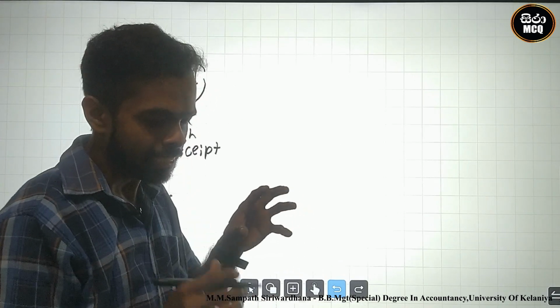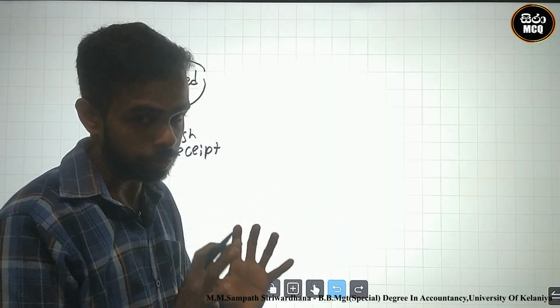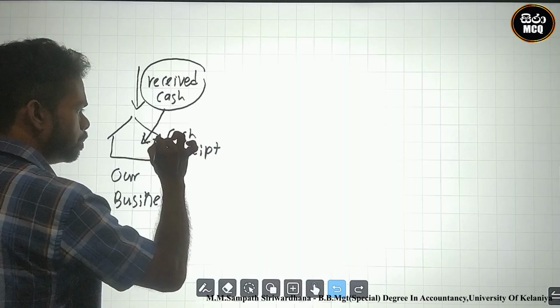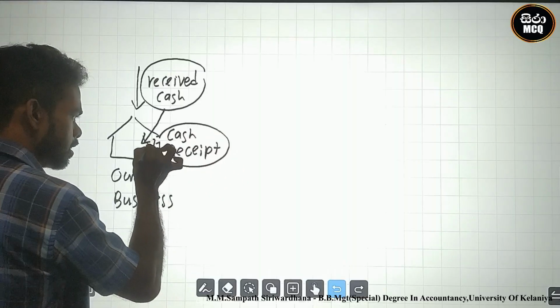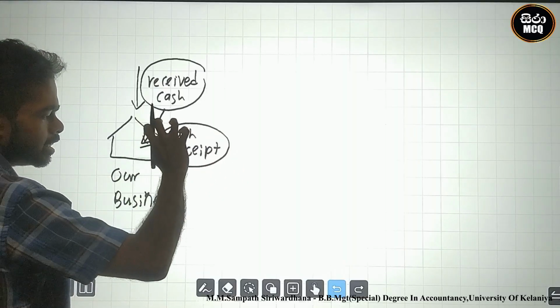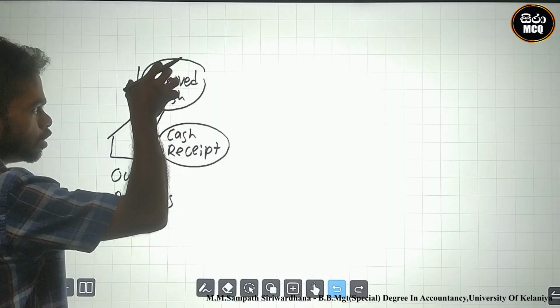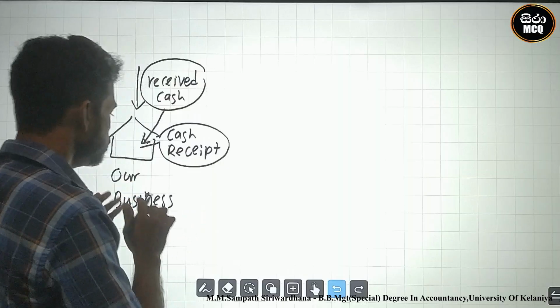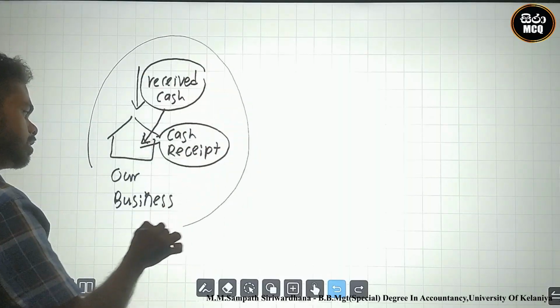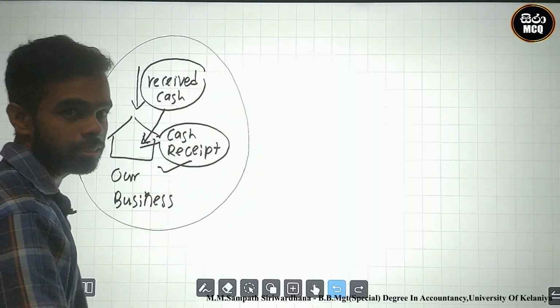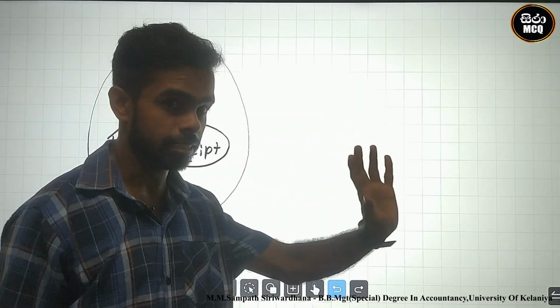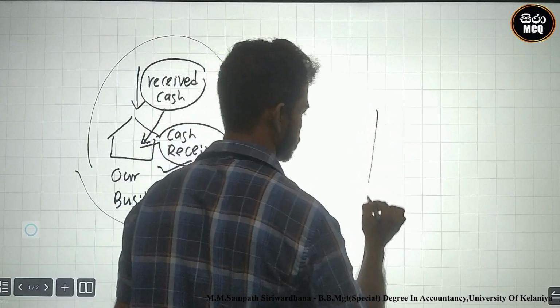There is cash received into our business. In that case, our business accountant immediately prepares a cash receipt. Therefore, cash receipt is a source document. Firstly we receive the cash. After that, we deposit all the cash in the bank account.